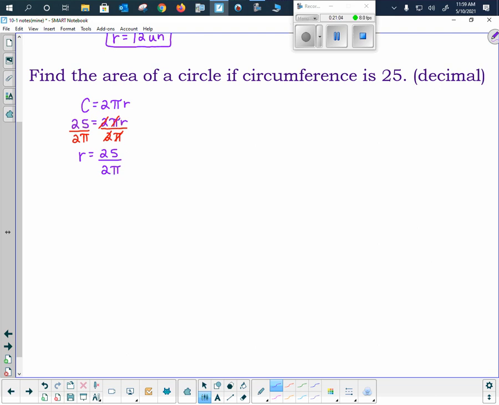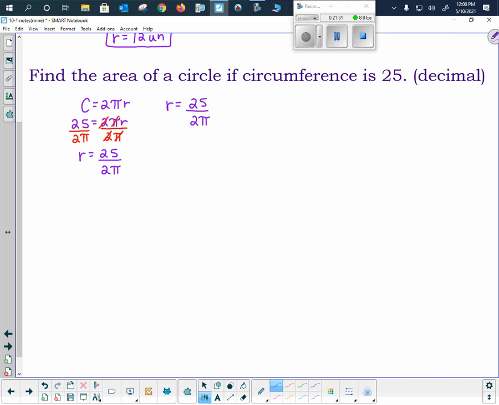Now keep that exact answer for now, because remember, you can't use a rounded answer, a decimal, rounded answer to get another rounded answer. Okay, so just so that we make sure that you're at the right place, I'm just bringing this up higher. I'm just recopying it. But if you were to type that into your calculator, because you're going to need to know how to run your calculator, let's practice that.